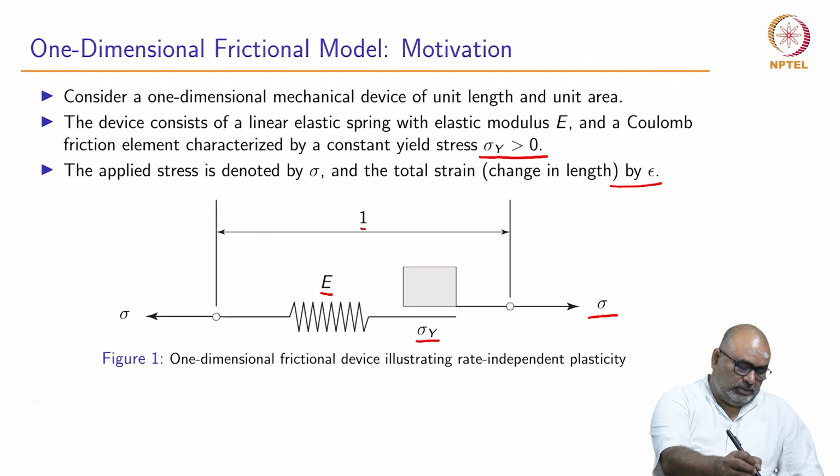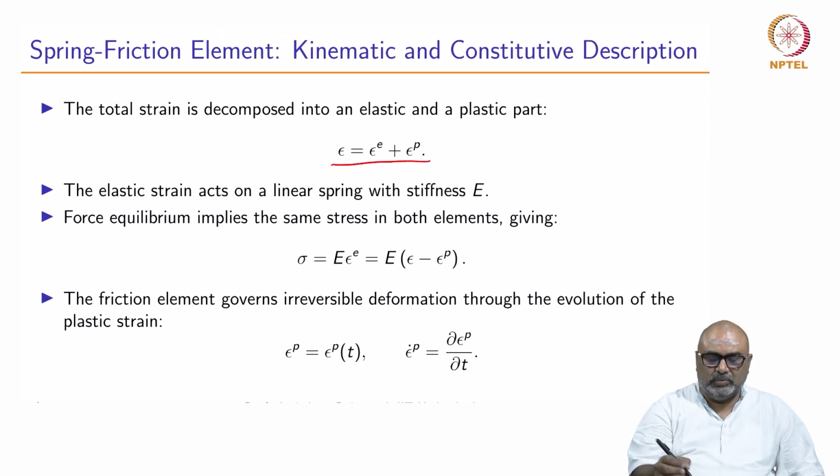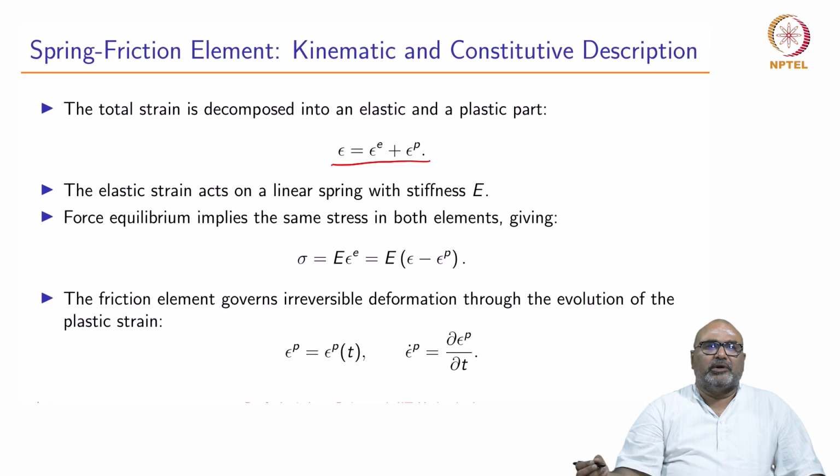Essentially, the total strain is decomposed into elastic and plastic parts. The elastic strain is taken by the linear spring whose spring stiffness is modulus of elasticity E. Now, when we consider the force equilibrium, the stress is the same in both the spring as well as the frictional element. So, the stress is an elastic stress.